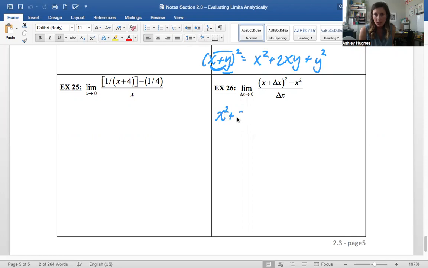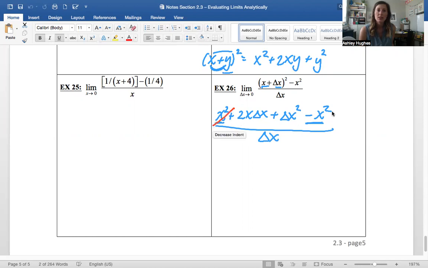X squared plus 2 times these multiplied together, x delta x plus delta x squared minus x squared over delta x. Now look over here. I see x squared and I see a minus x squared, which means I can cancel these out. And now I see I have 2x delta x plus delta x squared over delta x.